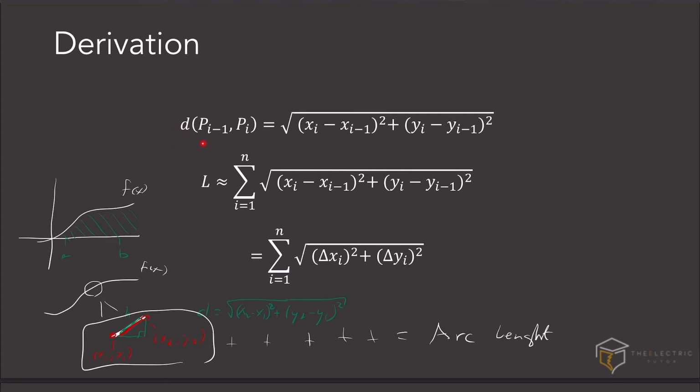So the distance of an arc or line that is not straight, in general terms, is going to be the square root of delta x squared plus delta y squared. In this case, this would be x2 minus x sub 1, and so on and so forth.